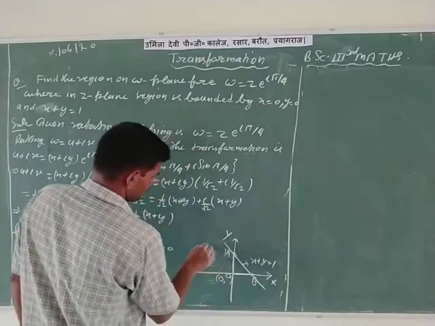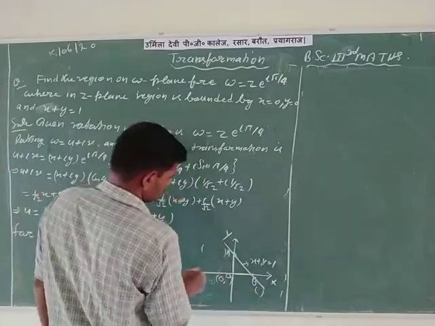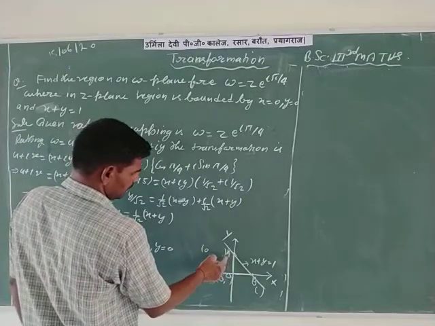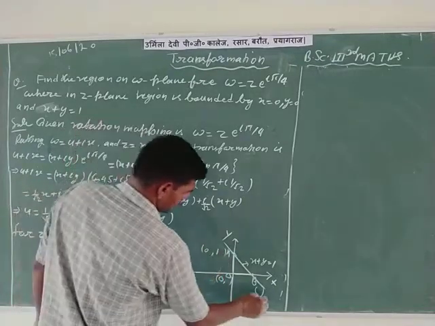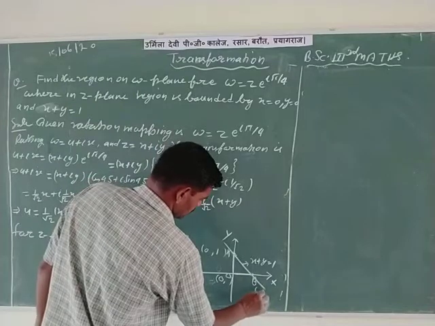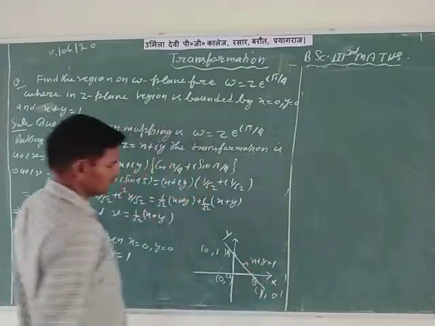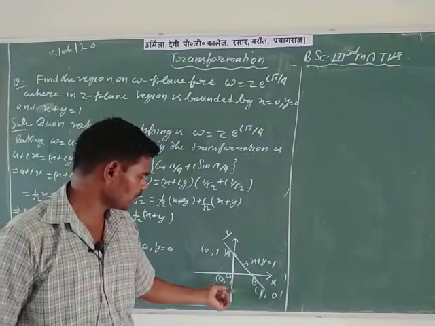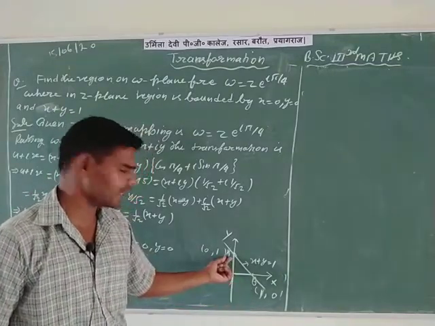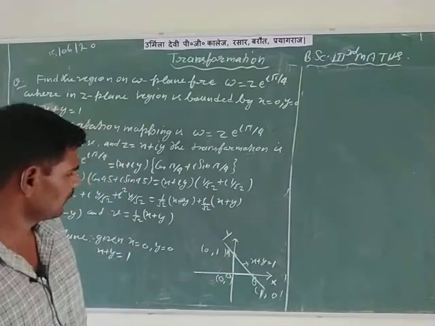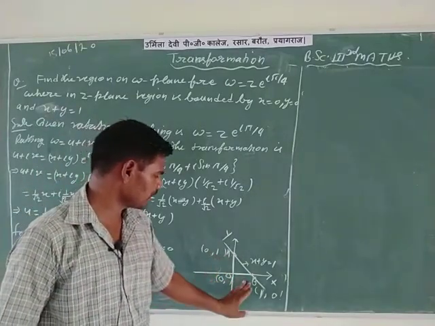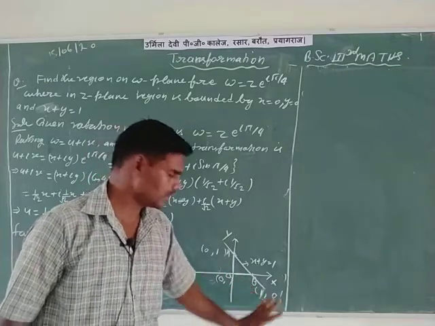So the coordinates of these points are x is 0 and y is 1, and x is 1 and y is 0. So from the figure, the coordinates of point O, point A and point B are clear: O is 0, 0, point A is 0, 1 and point B is 1, 0.